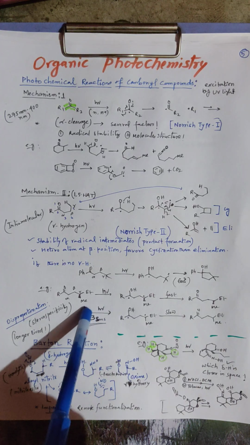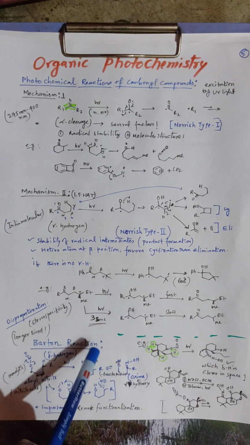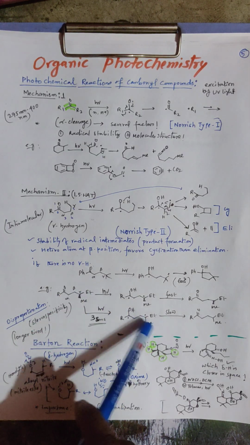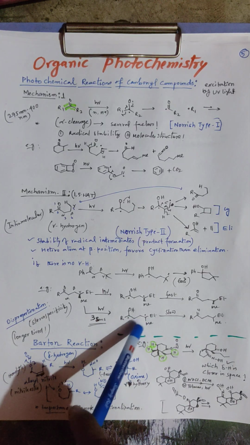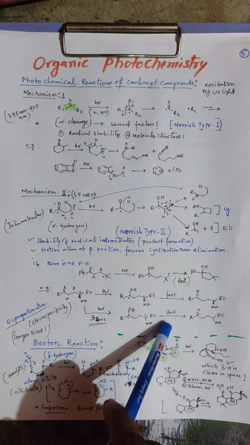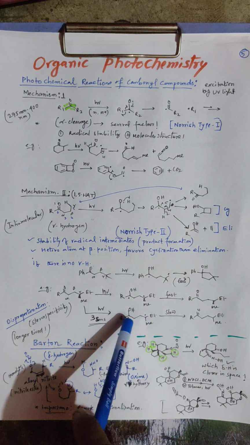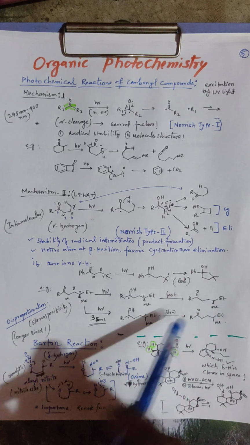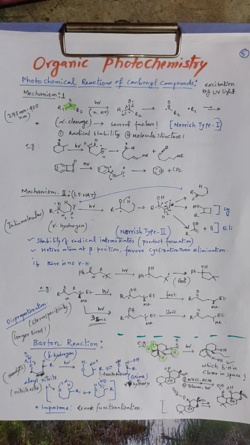But if the reaction happens through a sensitizer, it gives triplet energy to the molecule, which gives a biradical species that relaxes very slowly, so this center gets racemized, and the stereochemistry is not retained.